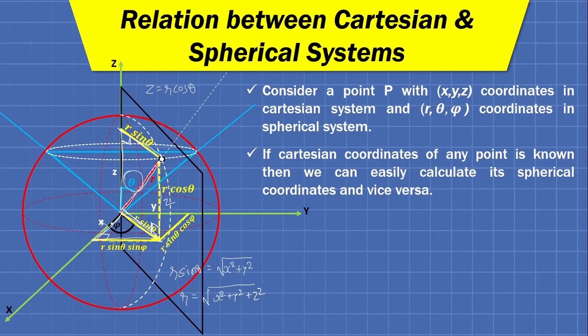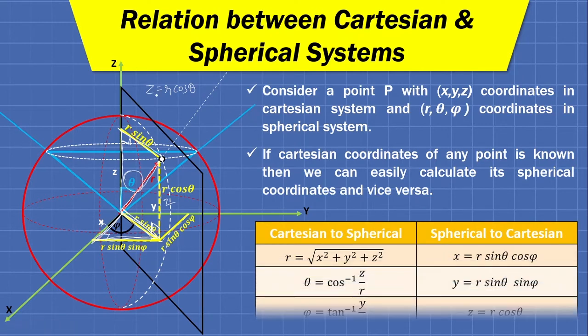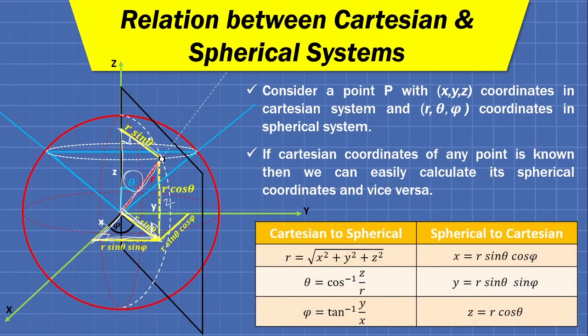And here for phi, we can consider this right angle triangle on the xy plane, and we can define tan phi. Fine. Summarizing this all, we can have a very decent table from which we can convert any point from spherical to Cartesian system or from Cartesian to spherical coordinates.